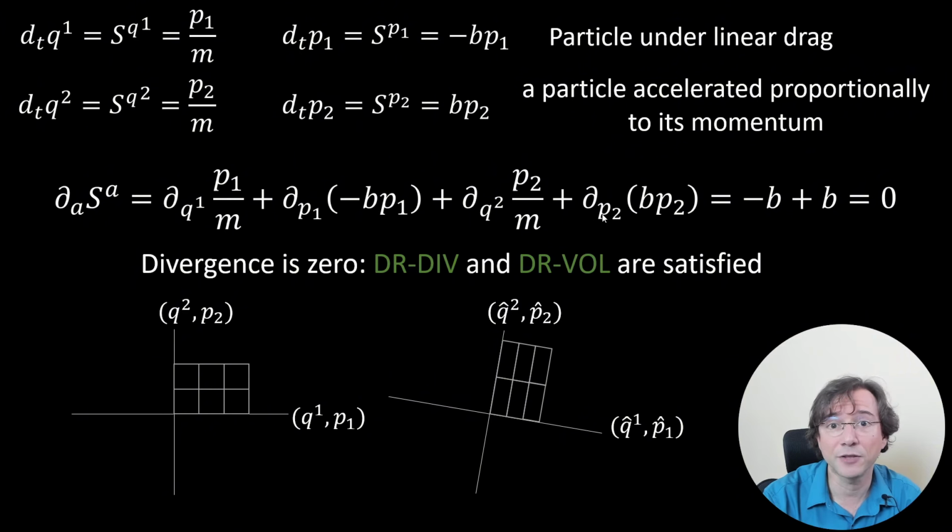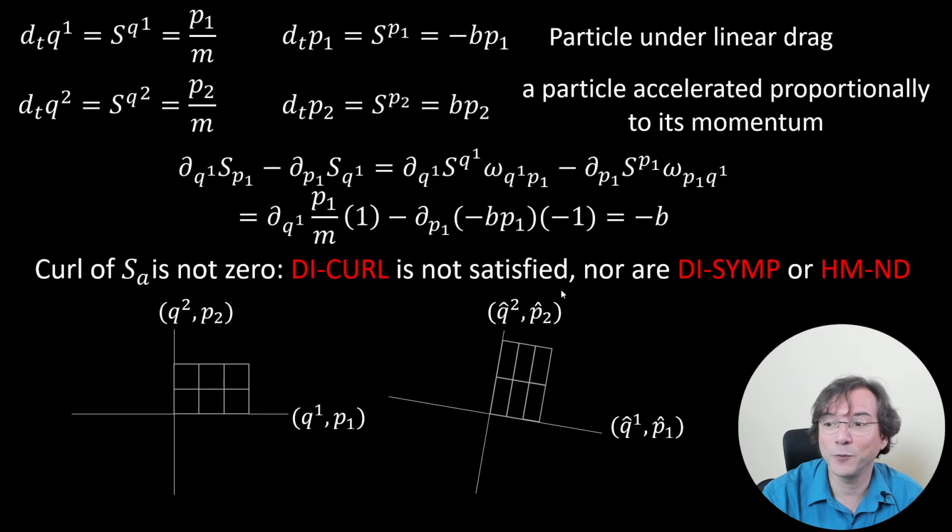And now we calculate the derivatives. The derivative of P1 with respect to Q1 is 0. The derivative of P2 with respect to Q2 is 0. The only things that are non-zero are these two derivatives, and this is the derivative with respect to P1, so this is going to be just the constant minus B, and this derivative is just going to give us the constant B, so minus B plus B is 0. The divergence of the displacement is 0. The volume is conserved.